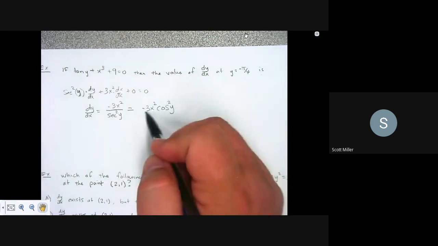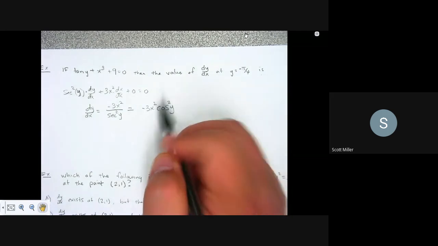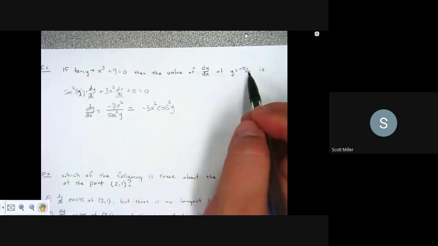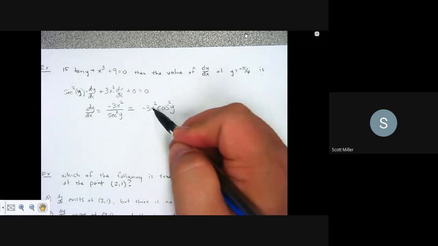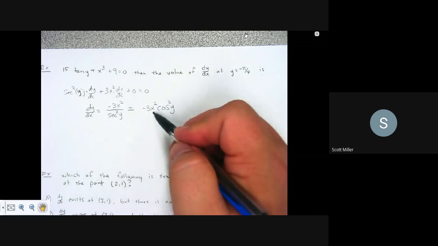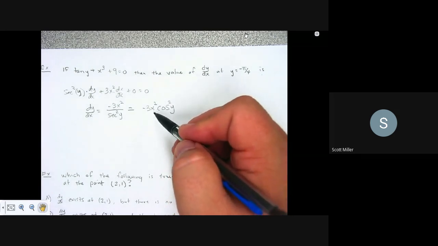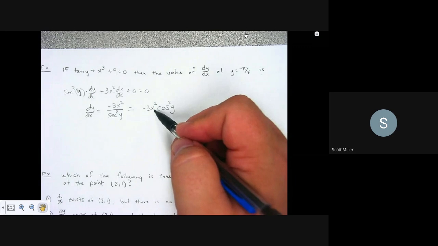So in my problem, to evaluate dy/dx when y is negative pi over 4, that's fine, but I don't have an x value. How do I plug in here? I need to find this value.